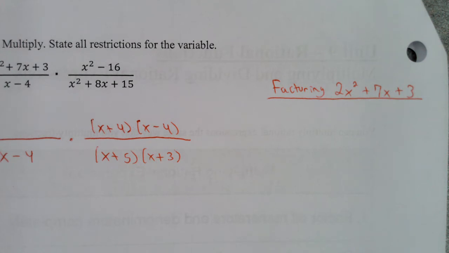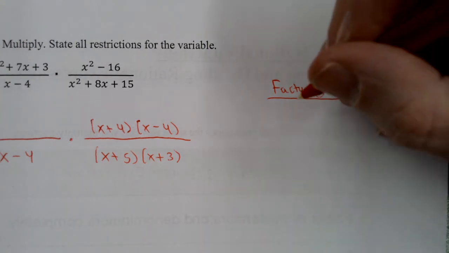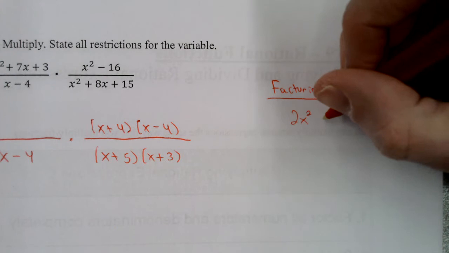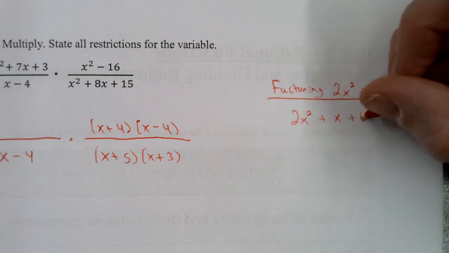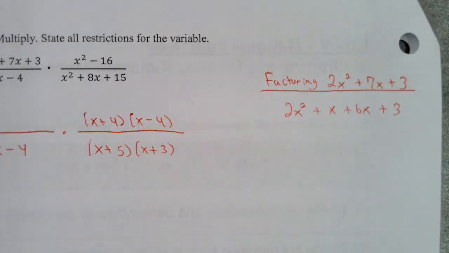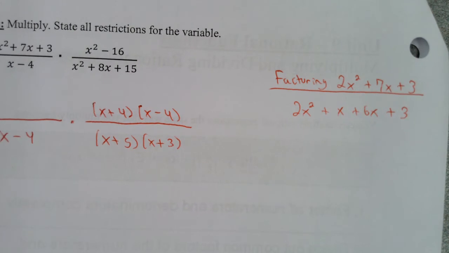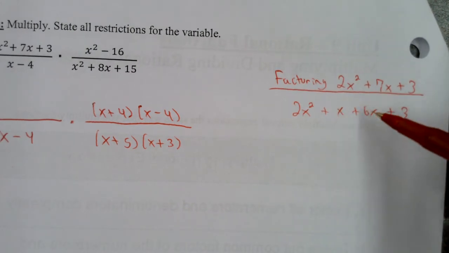Two numbers that multiply to 6 and add to 7. So the answers will be 1 and 6. So I rewrite this like the following. 2x squared plus 1x plus 6x plus 3. I replace the 7x with 1x plus 6x.